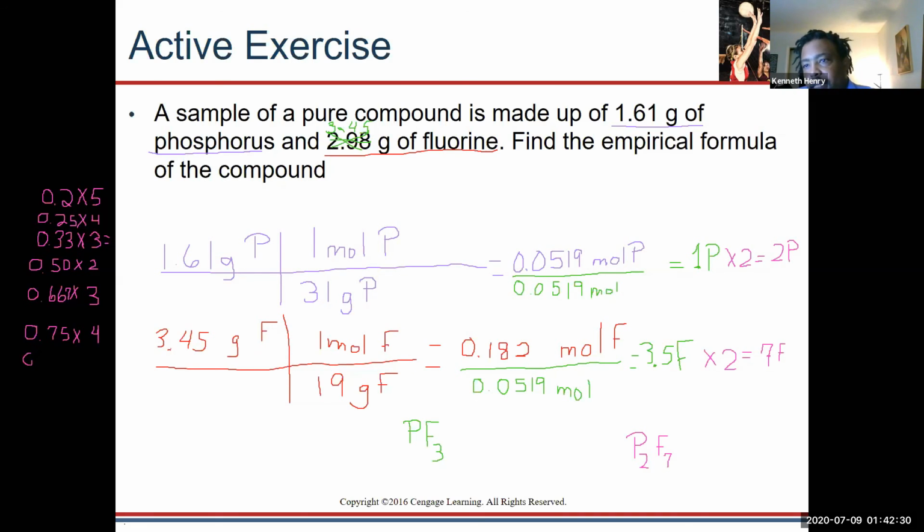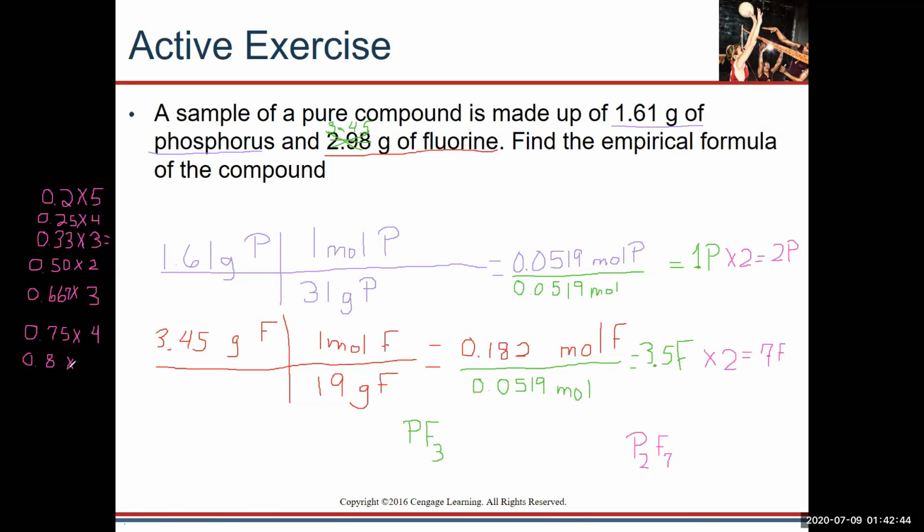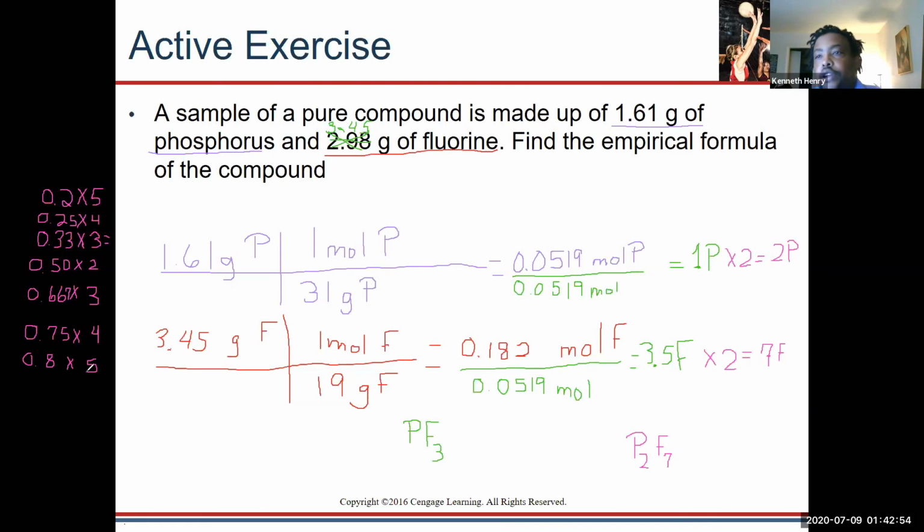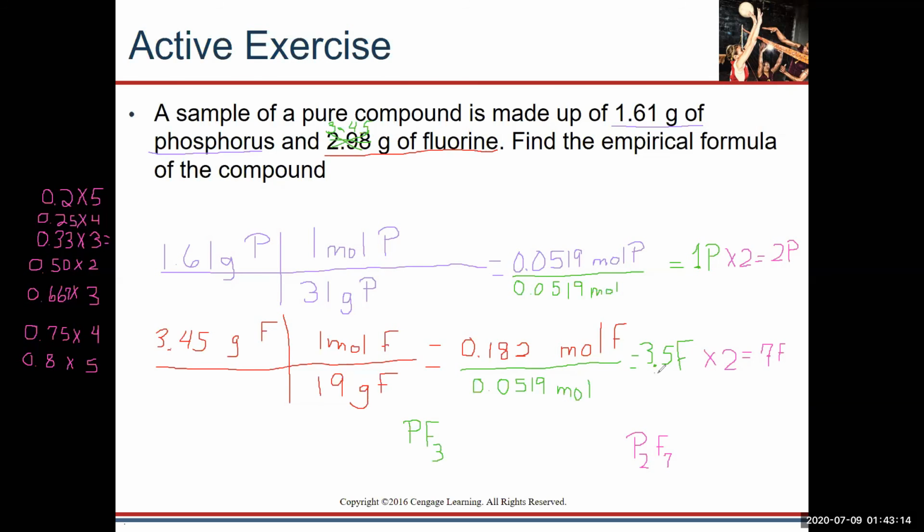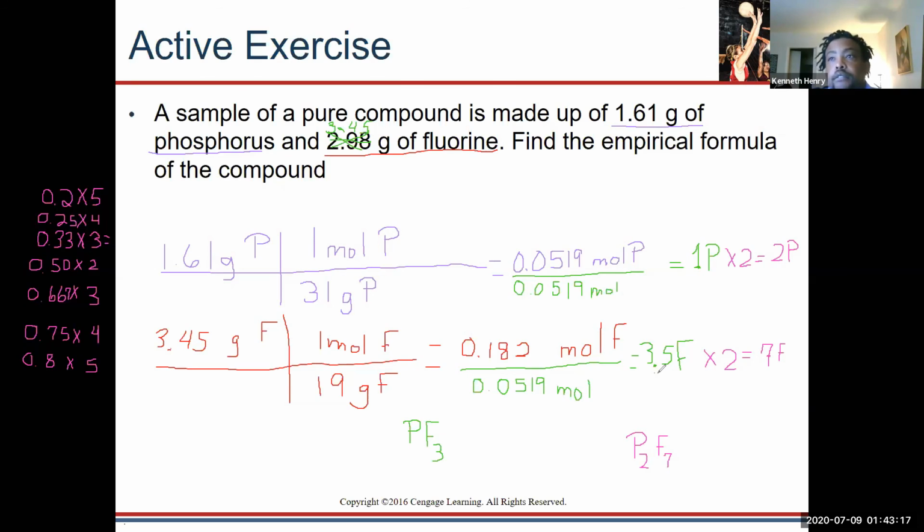And then 0.8. What am I going to multiply that by to give me a whole number? Five. So this is my little cheat table. So if I have 3.2, then I multiply it by 5, and that's going to give me a whole number, right? It's just your fractions.